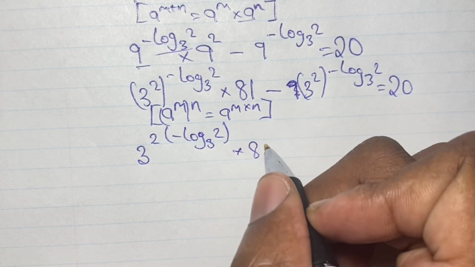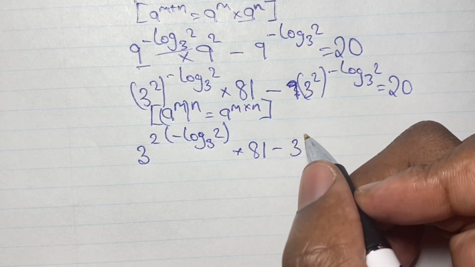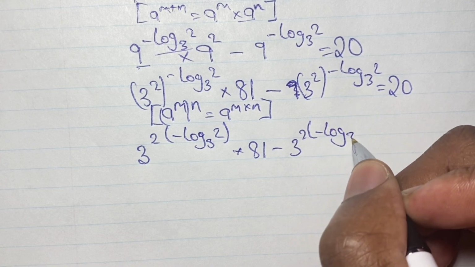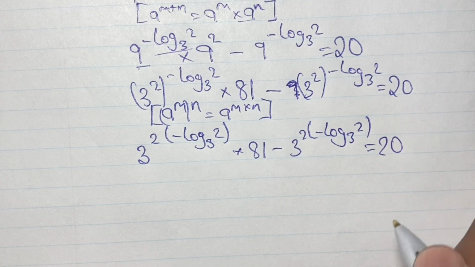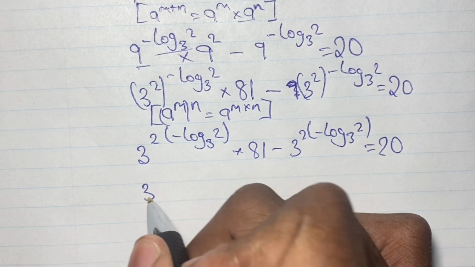And so I'm just going to write out my equation following the same procedure here. So we would have our 3 here being raised to the power of 2 in brackets negative log base 3 of 2. And we said again all of this is equal to 20. So I'll be just rewriting all of this by expanding my brackets.